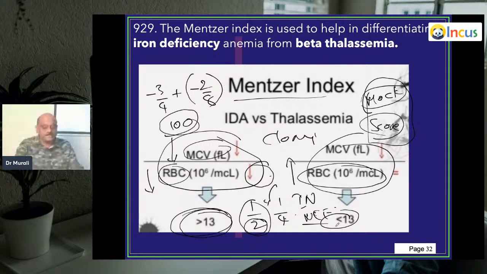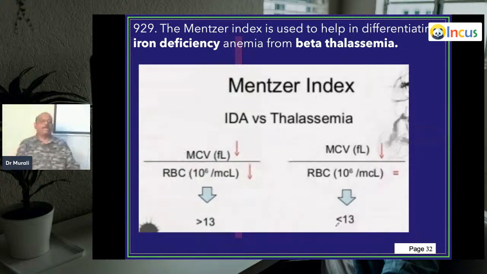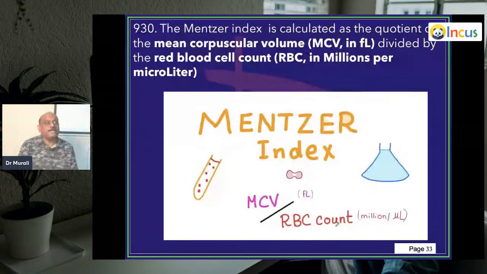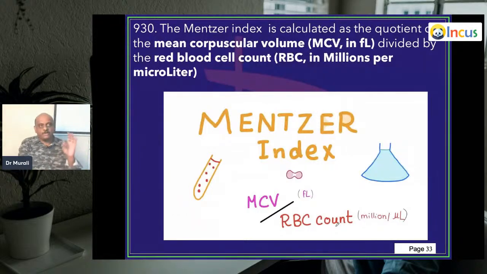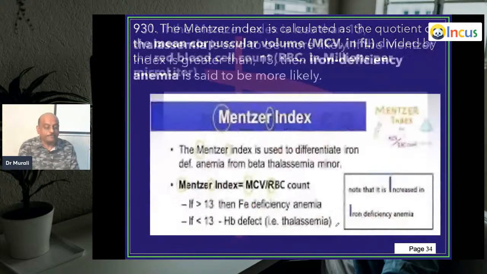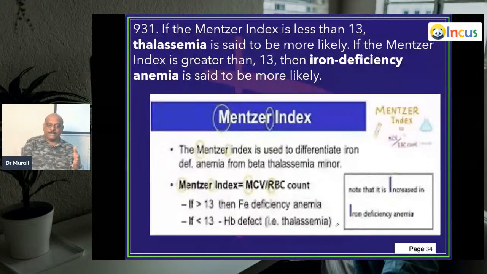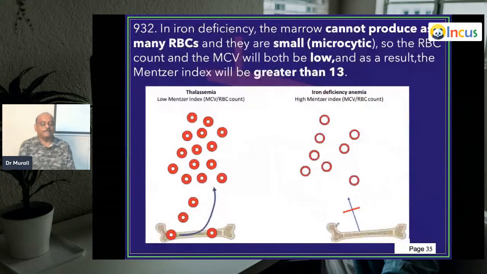So, Mentzer Index less than 13 is thalassemia, more than 13 is iron deficiency, and Mentzer Index is MCV divided by RBC count. That is what you have to emphatically remember. So MCV by RBC count will give you the Mentzer Index. Please don't forget. If the Mentzer Index is less than 13, then it is thalassemia. More than 13, it is iron deficiency.